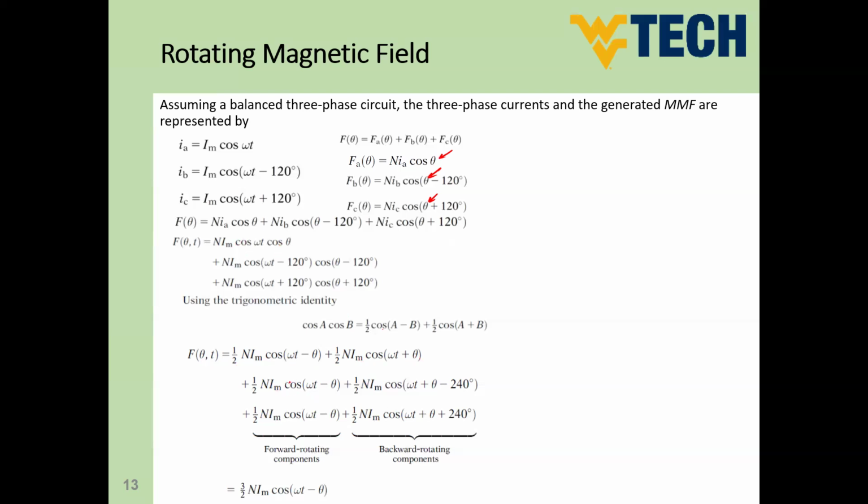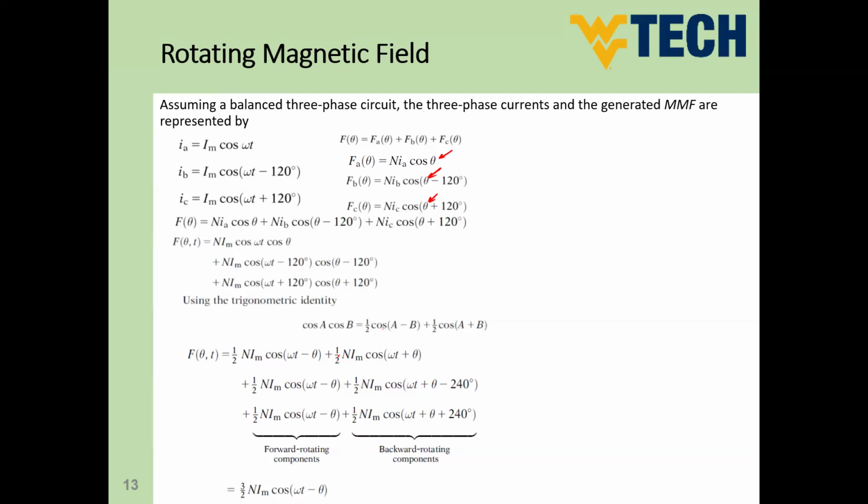Then for the second, apply the same relation for the second part. So this would be half N I maximum cosine omega t minus theta plus half N I maximum cosine omega t plus theta minus 240. And then we will have half N I maximum cosine omega t minus theta plus half N I maximum cosine omega t plus theta plus 240.